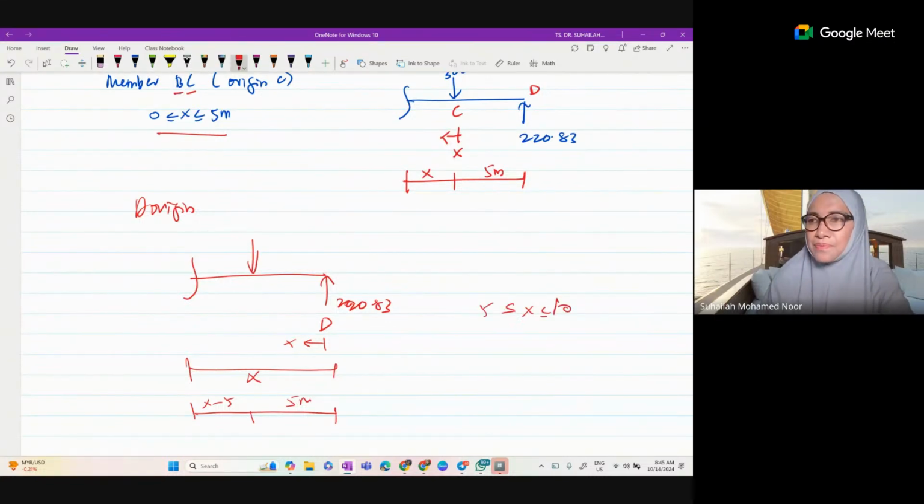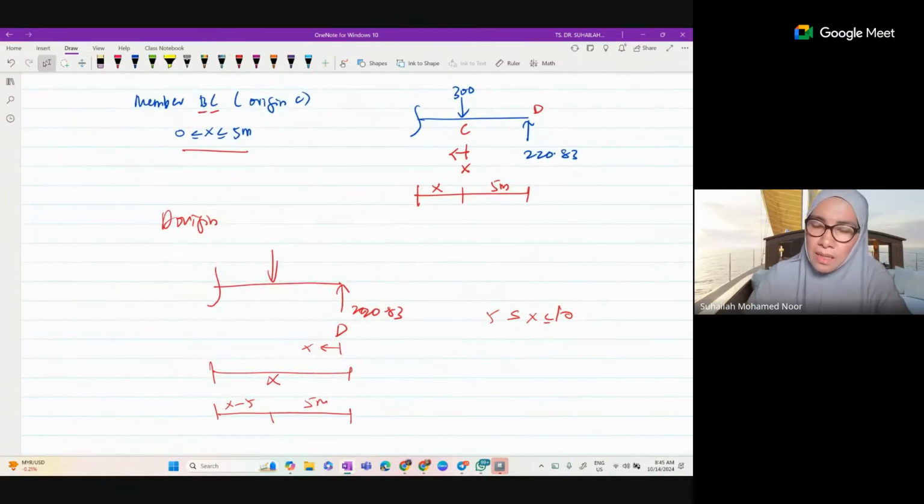to 10. Okay, that is why saya selalu bagi tahu student, kalau you tak nak confuse dengan limit, so always choose origin. Kalau member tu BC, B or C as origin, your limit akan always start from 0. Tapi kalau macam ni, yang 5 ni C, 5 ni B. Tapi origin kita A. Sebab tu dia tak boleh jadi kosong.